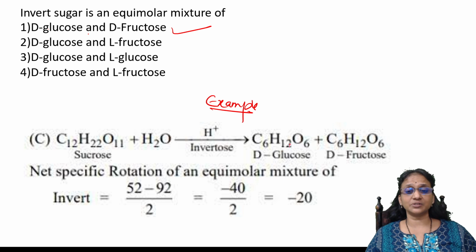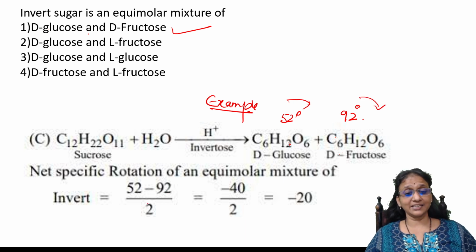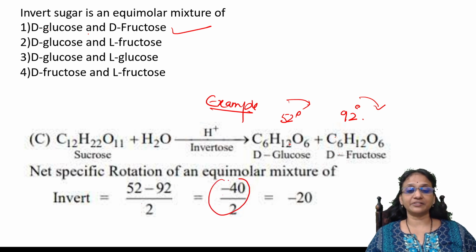When I consider this D glucose and D fructose net specific rotation, yes, you are adding. Suppose this is 52 degrees, okay, and this is 92 degrees, right? So this rotation. Now what will happen? Both are D only. So here what am I taking? I'm subtracting both of them and dividing by 2 because two molecules are formed. I'm getting an answer which is negative.